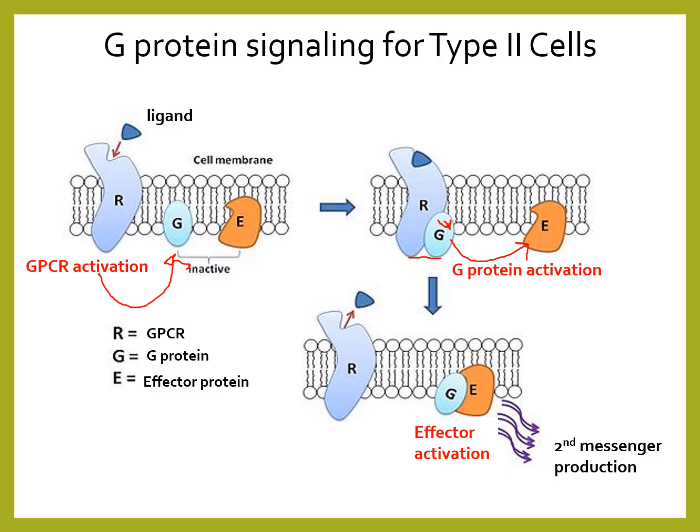So here they are down here, physically binding, and now the effector gets turned on. And now this effector is going to lead to the production of your second messenger. This second messenger is then going to bind an ion channel, and ions are going to flow in, and you're going to depolarize and generate a graded receptor potential and release ATP.